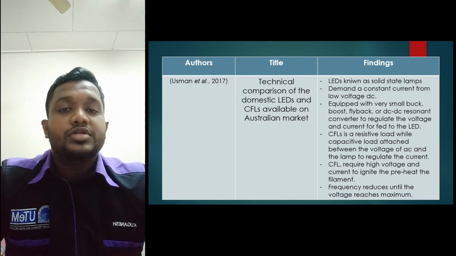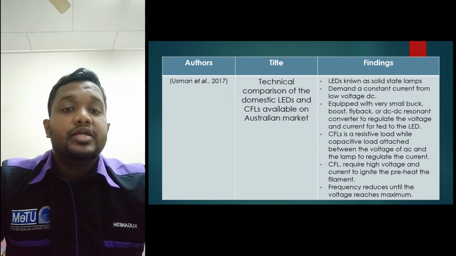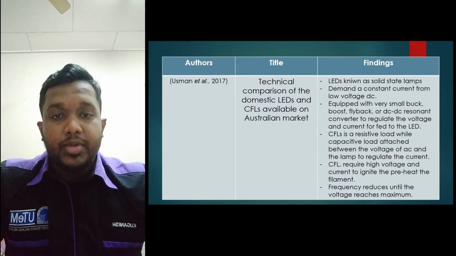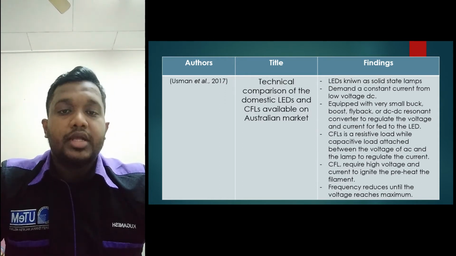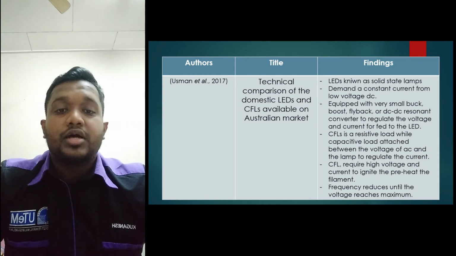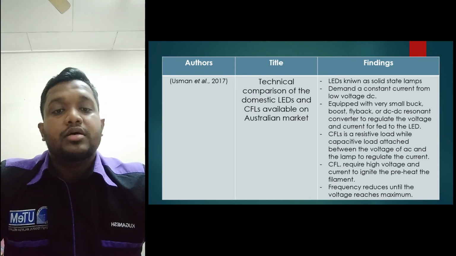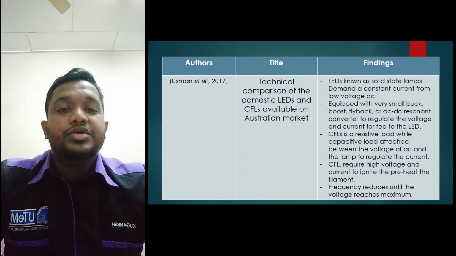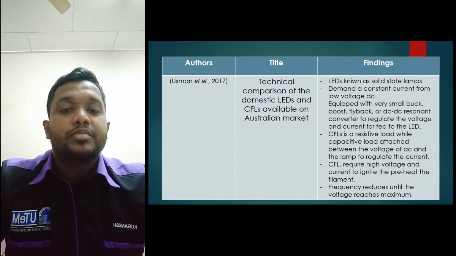The compact fluorescent is a resistive load, while a capacitive load is attached between the voltage and the AC, and the lamp regulates the current. The compact fluorescent lamp requires high voltage and current to ignite the preheated filament. So the frequency reduces until the voltage reaches maximum.